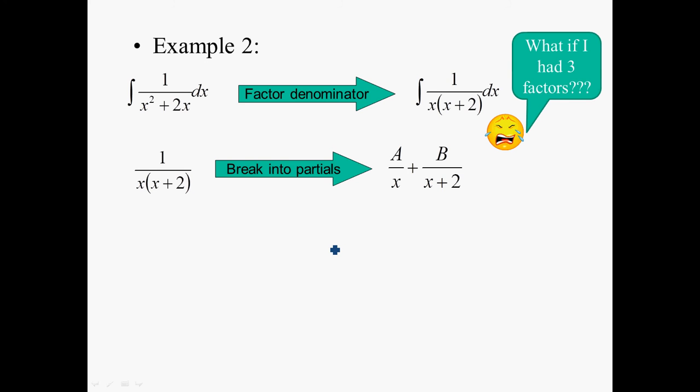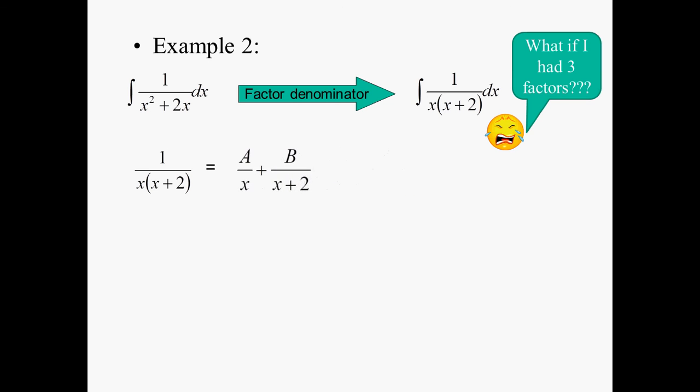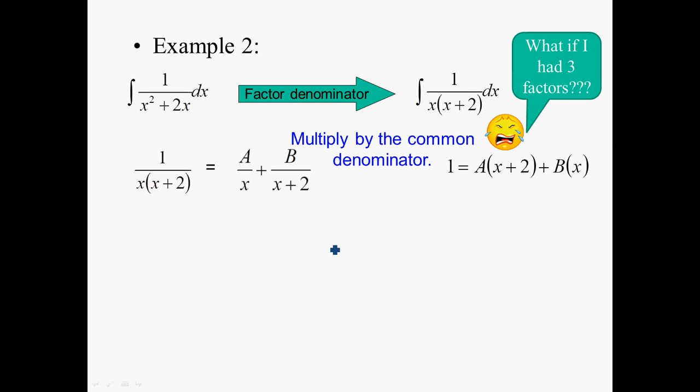Plus C over the other factor. You just pray I don't do that to you, right? Multiply by the common denominator to kill the fractions. Wow, this is a pretty violent lesson, isn't it? Now, you could use the heave-aside method, or you could use Arnold the Terminator.